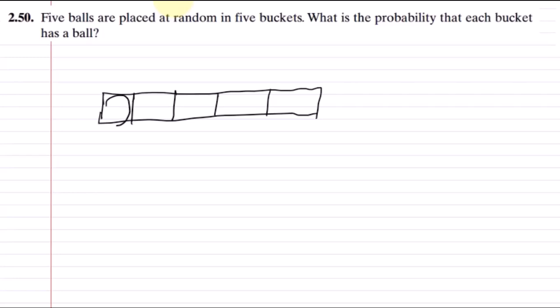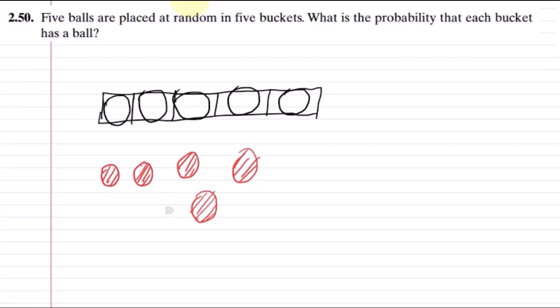The first bucket is here, the second is here, third is here, fourth is here, and this is the fifth one. These are placed in such a manner that a bucket can also have more than one ball. So we have these balls. 5 balls are placed at random in 5 buckets. So what is the chance that each and every one will have a ball?